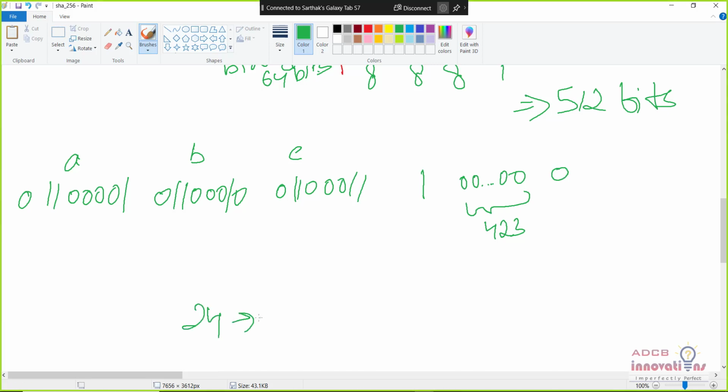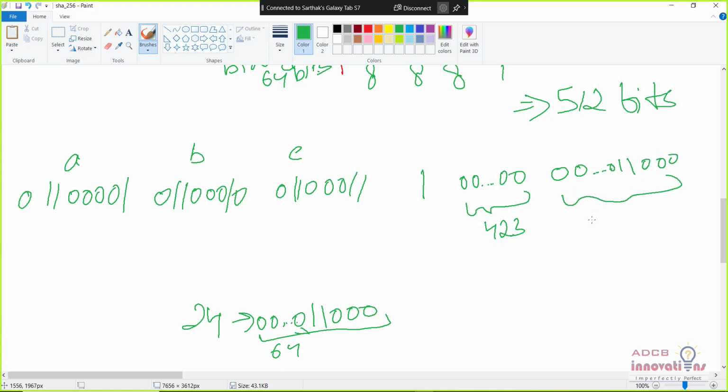That is 24 in binary, which is basically, when we see only 5 bits, 11000, or we can say 011000. This is 24 in binary, and we need 64 bits to represent that. So this is how we are going to represent it, the whole length should be 64 bits.